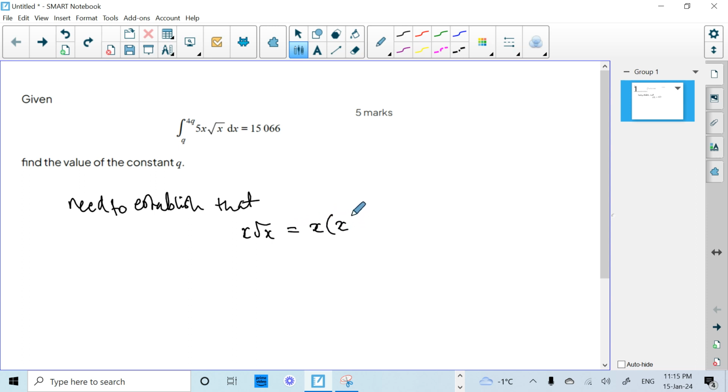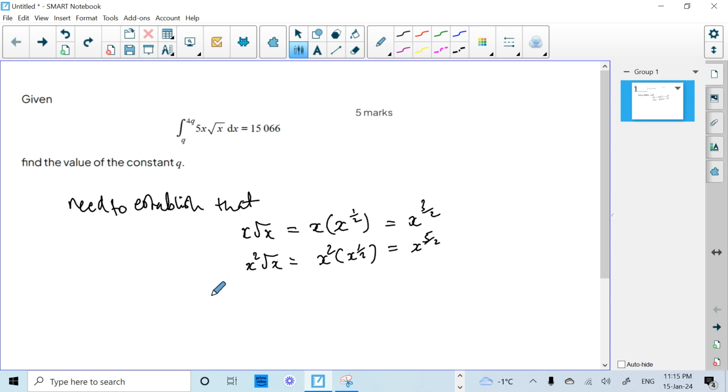The root of x is x to the power of a half, so x times x to the power of a half is equal to x to the power of 3 over 2. And let's do one for x squared root x. That gives us x squared times x to the half, which is x to the power of 5 over 2.